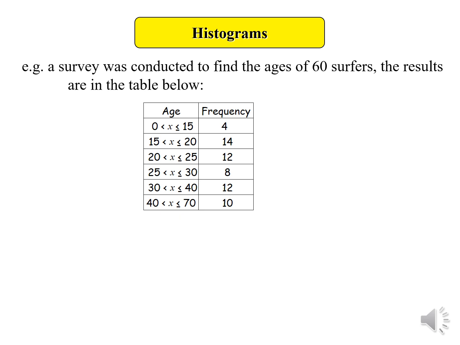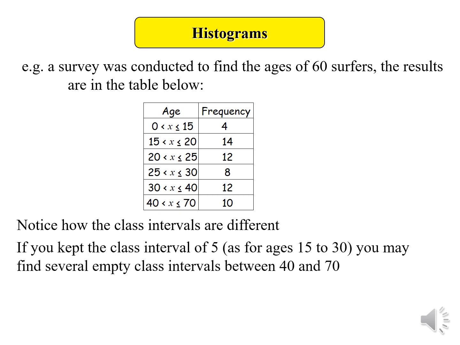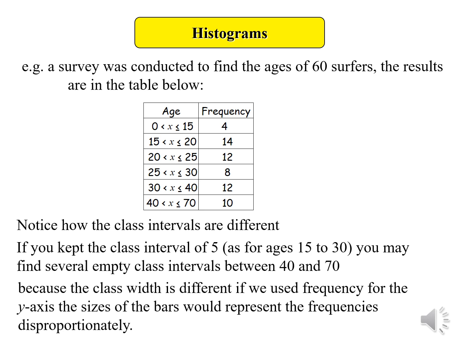If you see the class intervals, the width is not the same. The first interval has width 15, the second, third and fourth have width 5, the next class has width 10, and the last class has width 30. Here we can see there is no equal class width. Hence, for this also we are able to define the histogram.